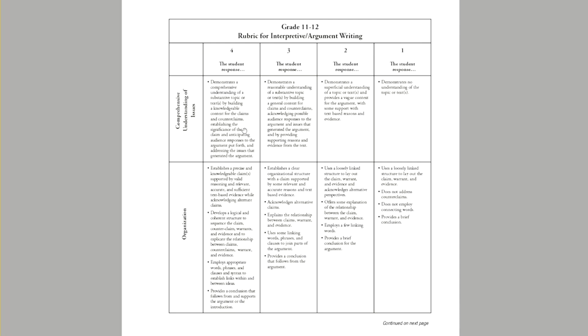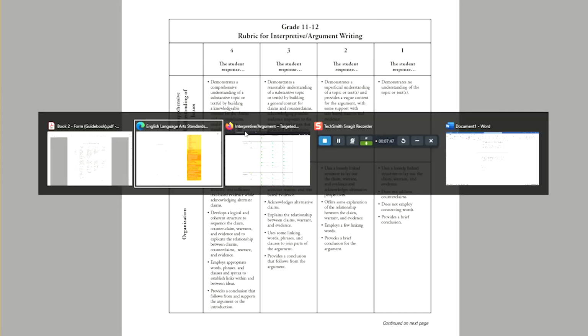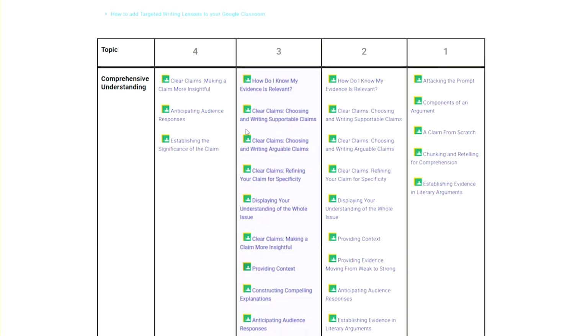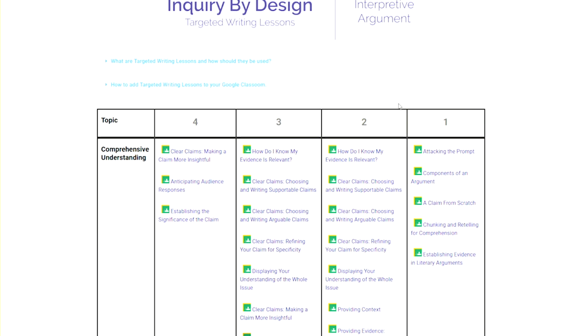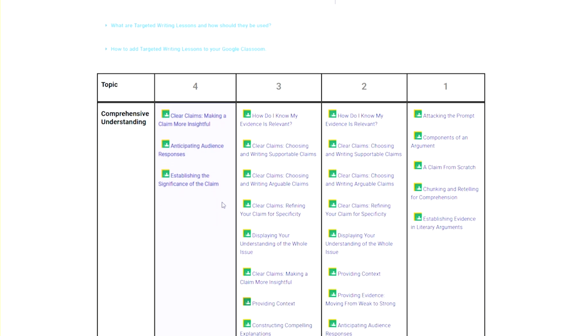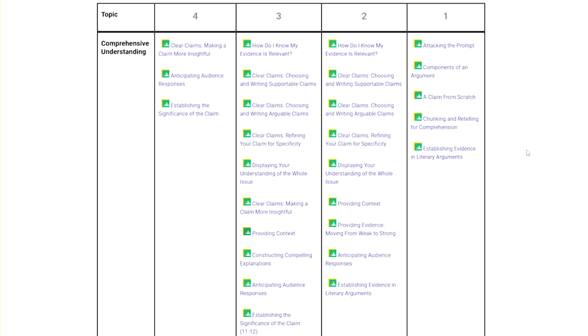And our rubric is directly connected to the resources in the targeted writing lessons. So, of course, you'll find here lessons like anticipating audience responses, establishing the significance of the claim, and other detailed items like that. It's worth noting that the targeted writing lessons are a much more detailed and sort of fine-grained writing support than what you'll find in our form guides.